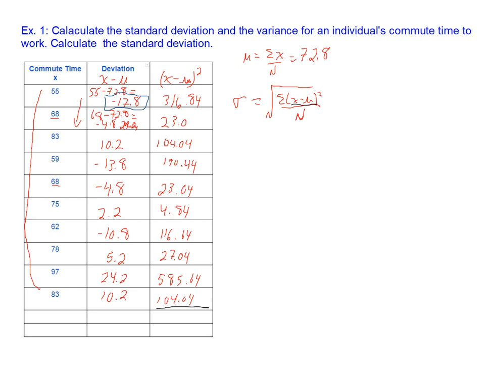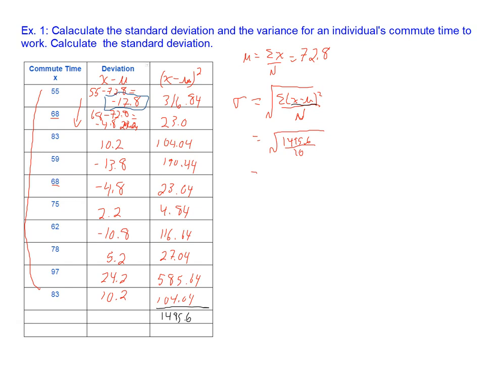And if we add that column up, I believe we get 1,495.6. So when we plug these values into our equation here, we get that the standard deviation is 1,495.6 divided by 10, because there were 10 values in our table here.